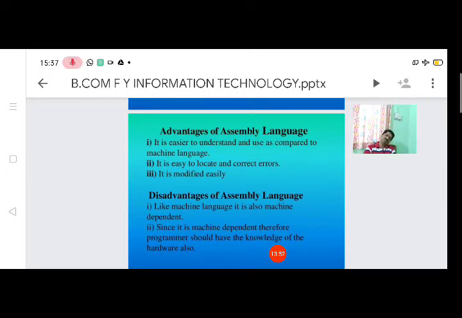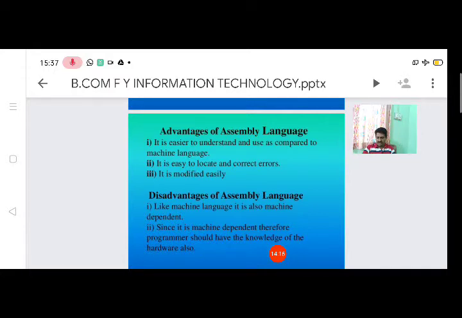Then some disadvantages of assembly language. The first disadvantage, like machine language, it is also machine dependent. It is machine dependent specific.